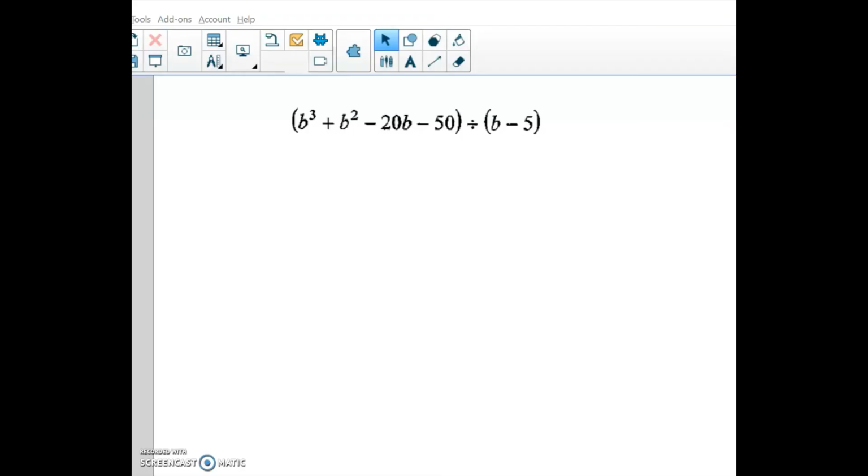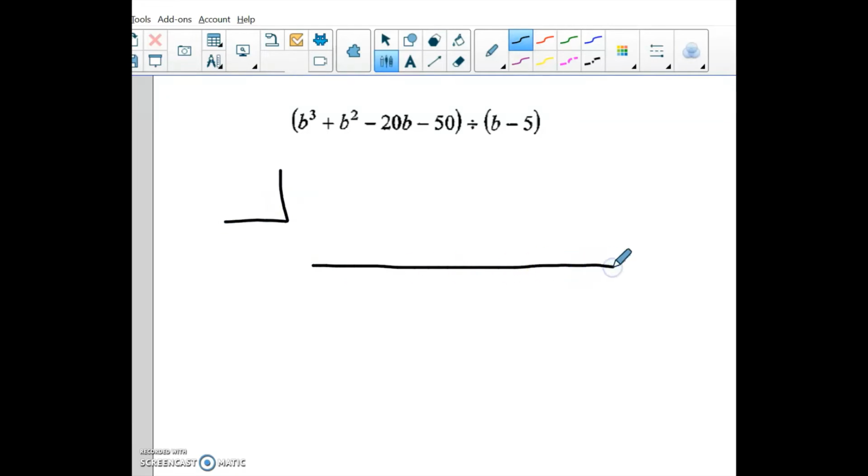All right, let's learn how to set up synthetic division and how it works. So the first thing we want to do is just set up a little framework for us to do synthetic division. So we have a little checkbox over here and a horizontal line right here.